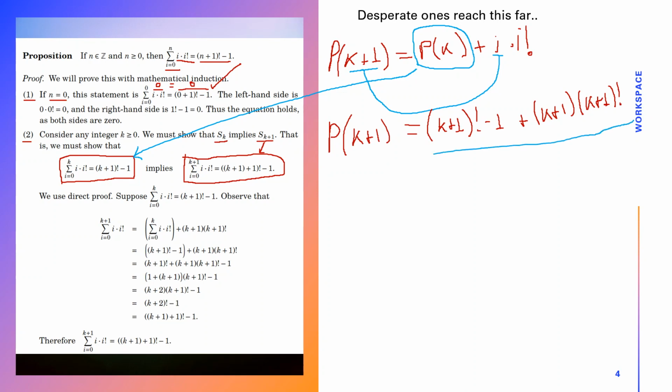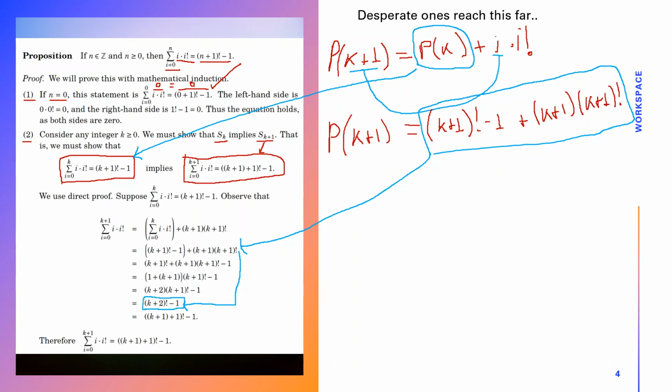So this is what you'll find here, and then you'd simplify until you reach this form: k plus 2 factorial minus 1.